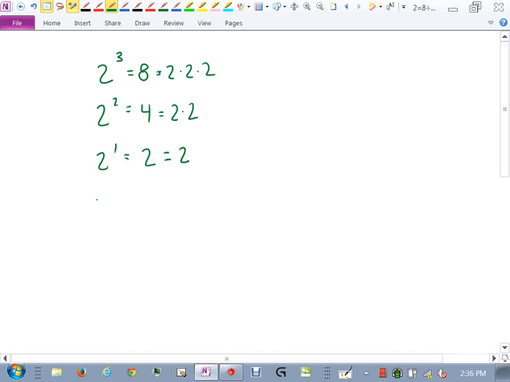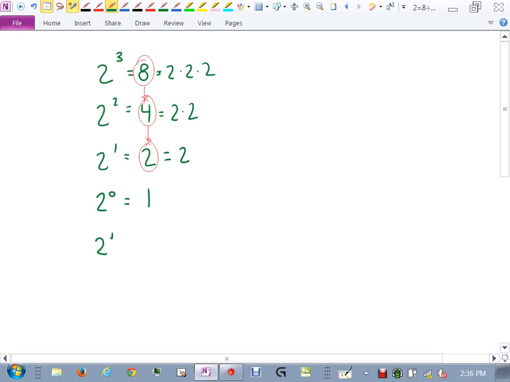So what's happening is every time I come down by a power, what's happening to the result? It's getting cut in half every time it comes down, right? So when you get to 2 to the 0, you cut it in half, and it gives you that.